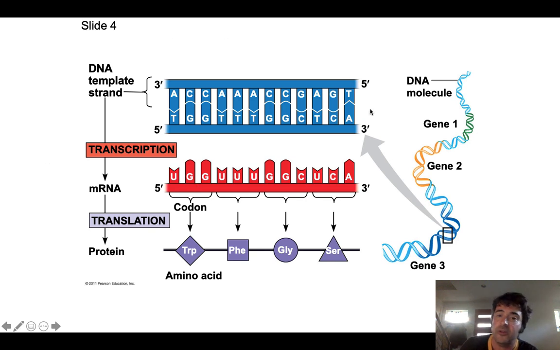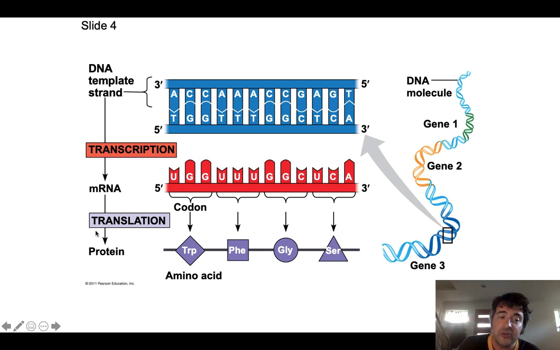So the process of transcription is when a template strand of DNA is used to make a copy called RNA. And specifically in this case, we're talking about messenger RNA, because that's what's going to wiggle out of the nucleus and bind to the ribosome, giving the ribosome the information it needs to make a protein.